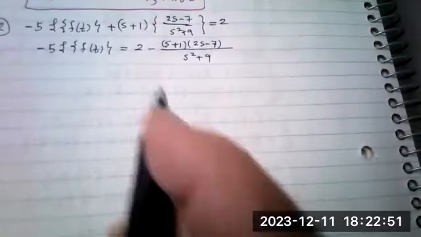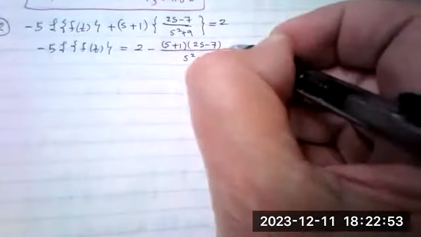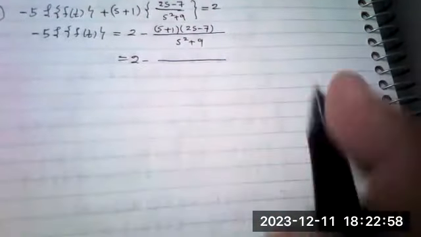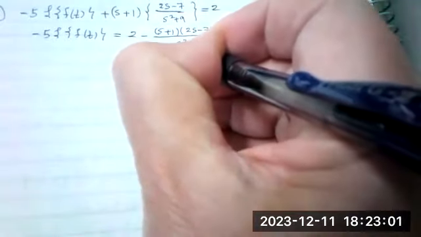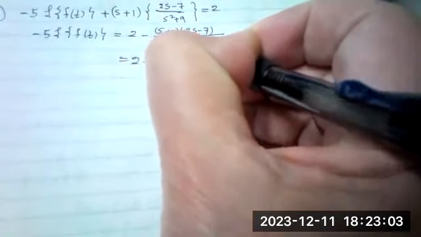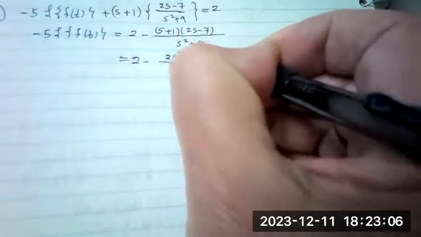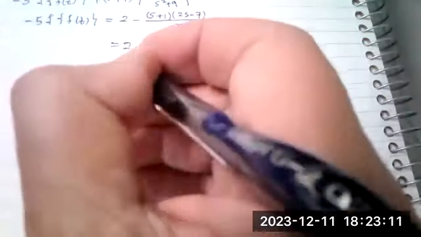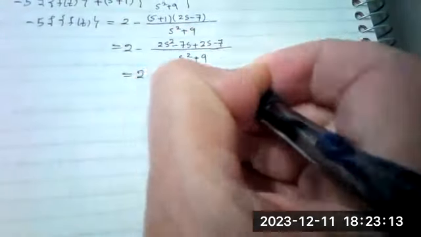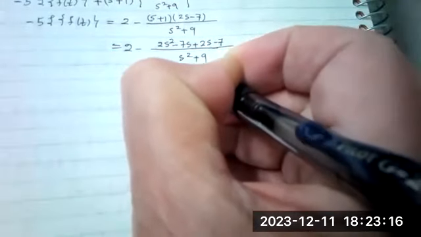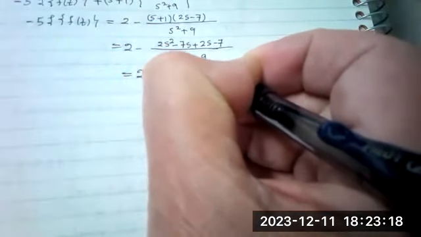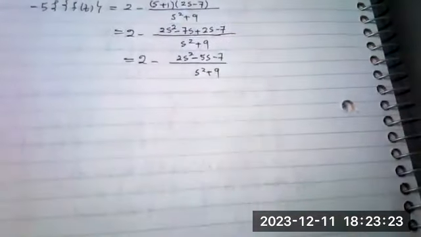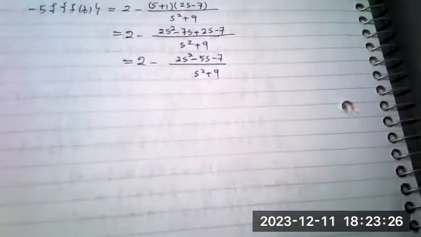You simplify it: we multiply the top, and if you FOIL it, that gives you 2s squared minus 7s plus 2s minus 7 over s squared plus 9. Combine the like terms: 2 minus 2s squared minus 5s minus 7 over s squared plus 9.